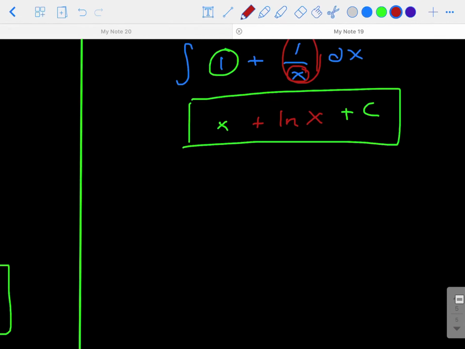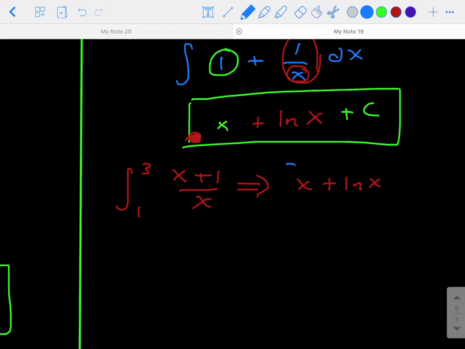So if I was to extend a little bit further out on this answer, work with x plus 1 over x. And we've already situated that the result was x plus natural log of x.